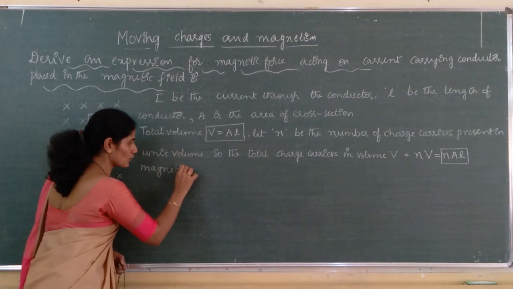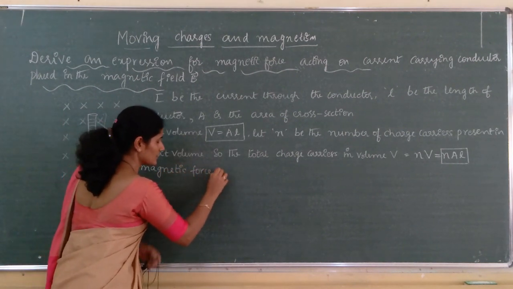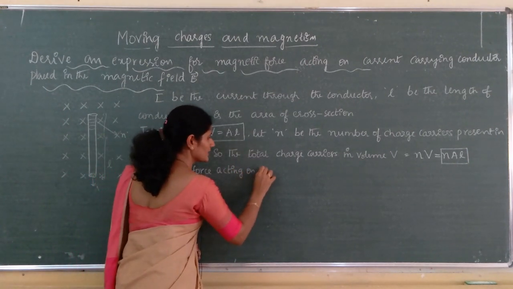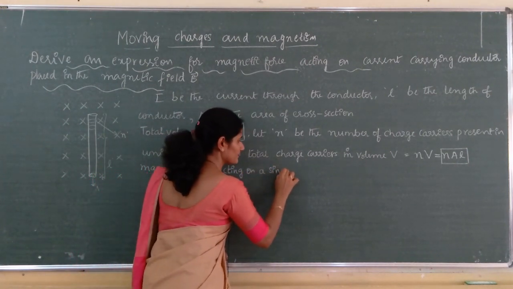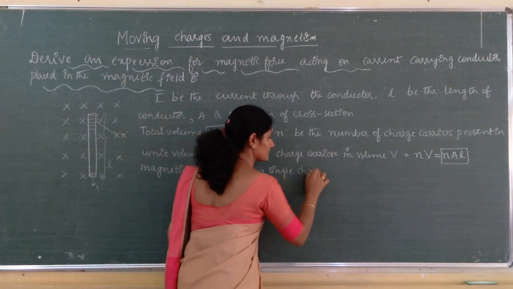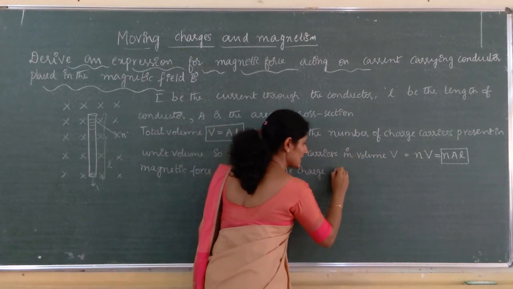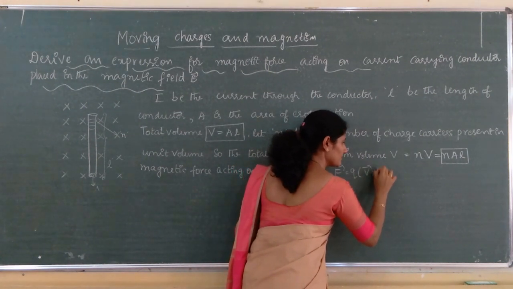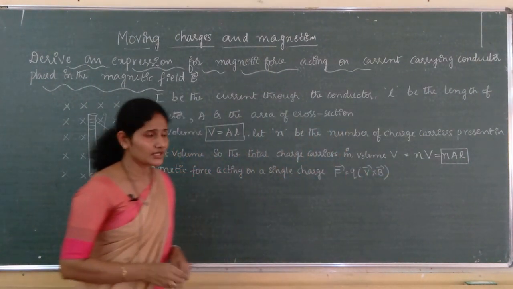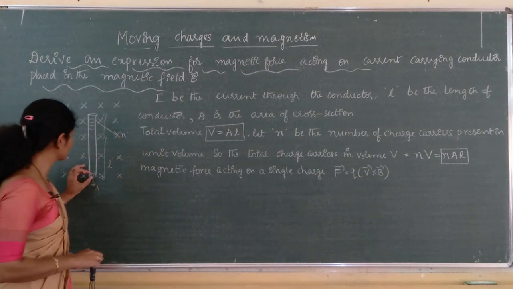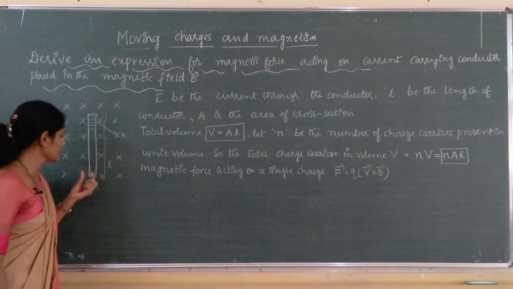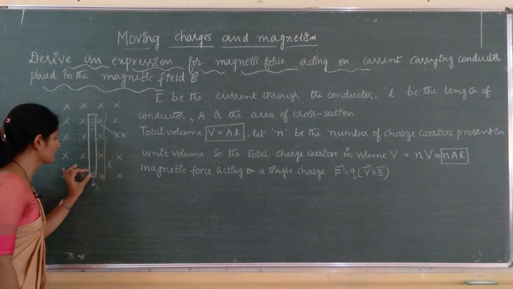And also, the magnetic force acting on a single charge is F is equal to q into v cross B. Here the charge carriers are moving from one end to another end, in other words the charge carriers are drifted from here to here.